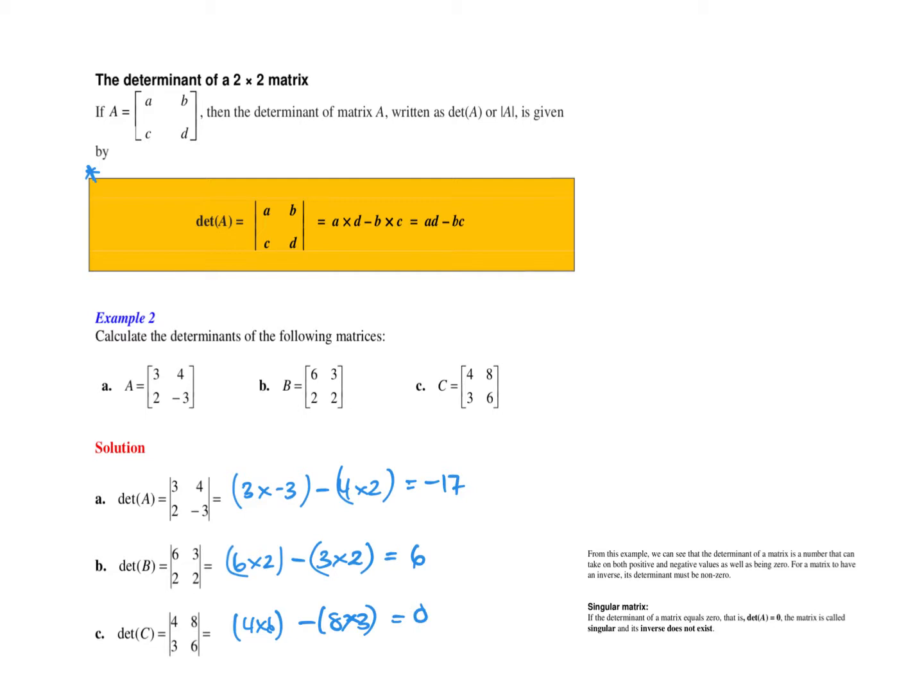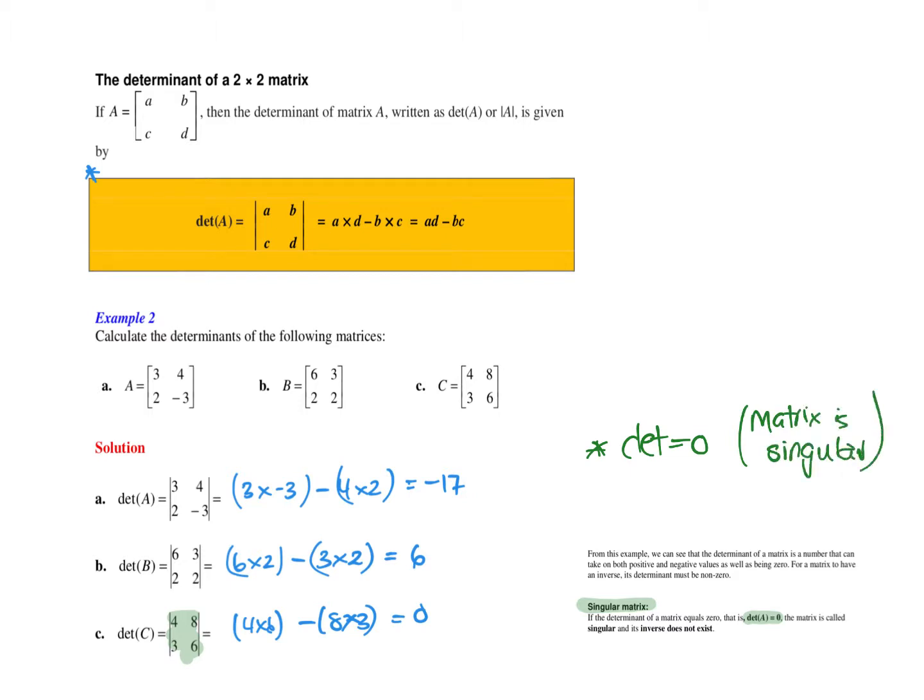Now, this is what we're going to lead into. When the determinant equals 0, that tells us something. You've got the notes down there: when the determinant equals 0, we call the original matrix singular. So write that when the determinant equals 0, the matrix is singular.